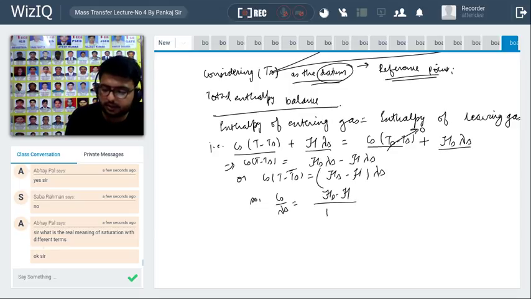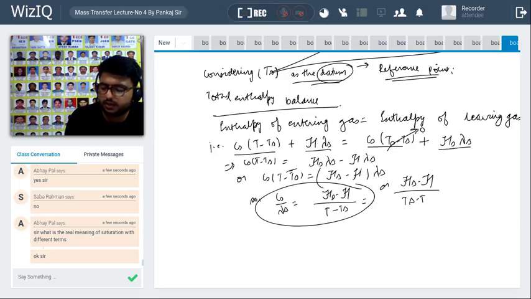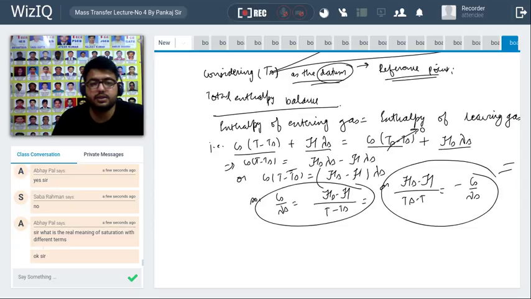Hs minus H upon T minus Ts is equal to, so in simple terms, Hs minus H upon Ts minus T is equal to minus Cs upon lambda S. Okay, so this is the characteristic equation that is used to find out the adiabatic saturation temperature.